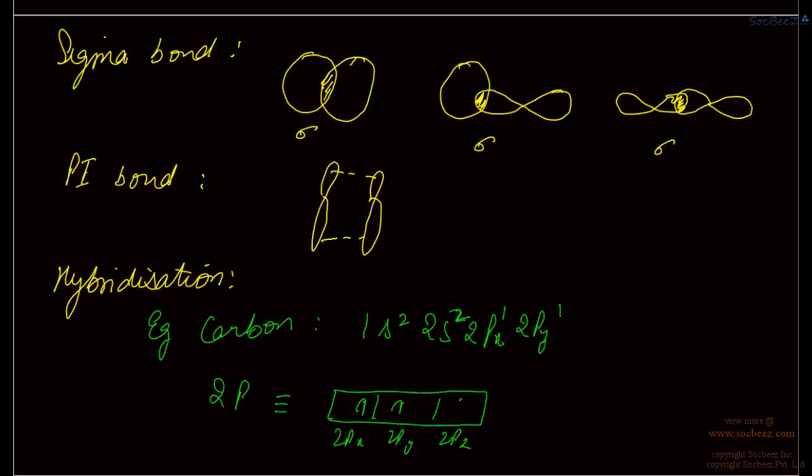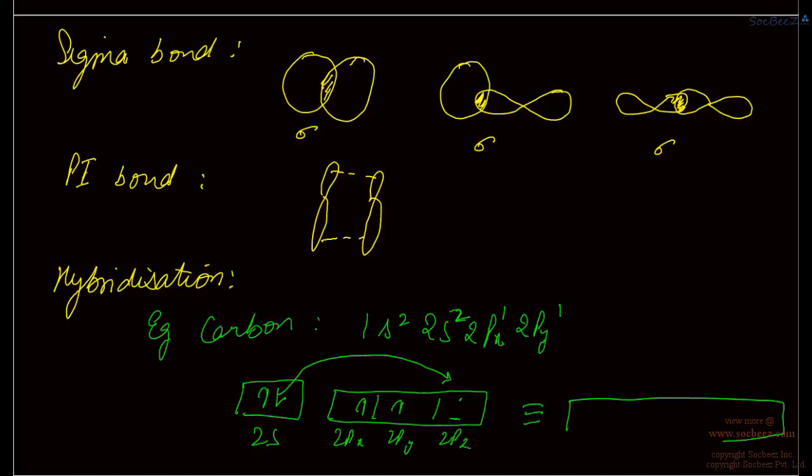Since these two are filled, this is empty. Here this is the 2s orbital, so one electron from here goes into this orbital, and they form a total of 4 sp3 orbitals.